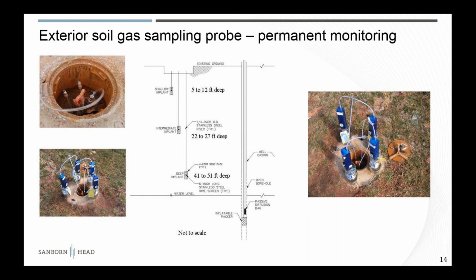And then you build this up as a layer cake with a sand around the implant and bentonite above the top, and then natural material above that. And so you have the ability here to monitor soil gas over multiple levels. This is a pretty intense soil gas monitoring program here. A permanent probe can be as simple as just one of these things at the depth that you're interested in.